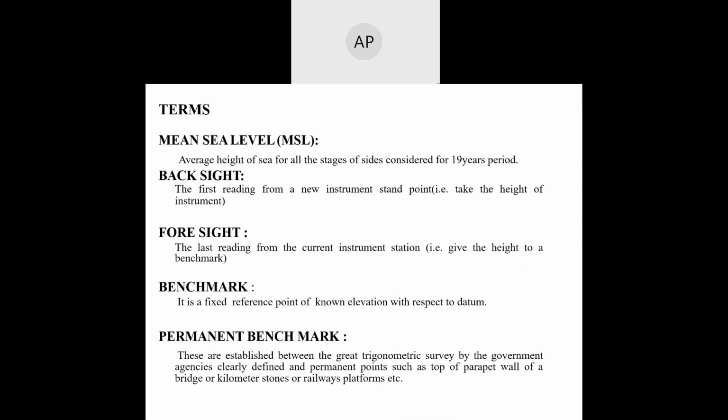And mean sea level. It is the average height of the sea at all the stages of tides, considered for a 19-year period.